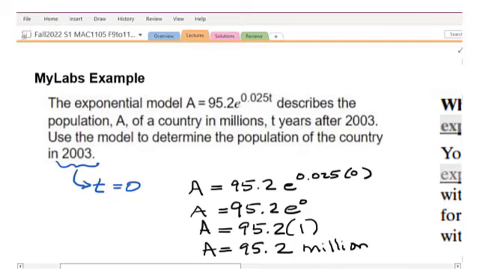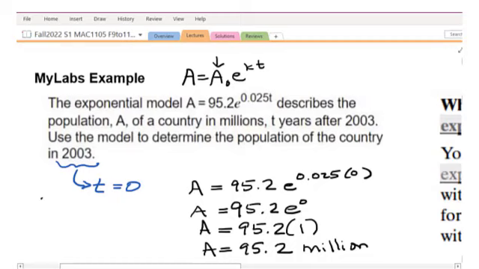But let's think about this. This makes sense because I told you that these population formulas would be of the form A equals A0 e to the kt. And remember what A sub 0 represented? The starting amount. And when is this scenario starting? In 2003. So actually, you don't even have to do the work here.